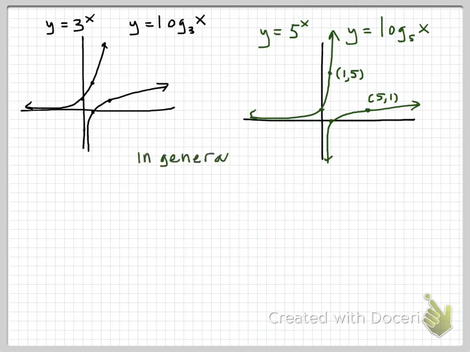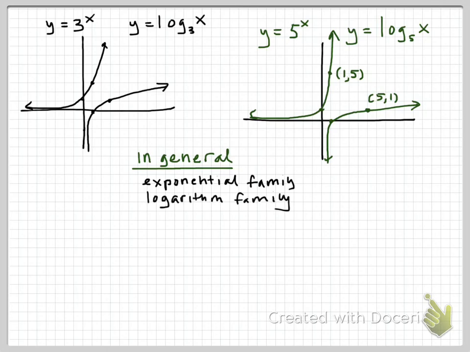Really, really handy. So let's talk in general. Exponential functions are a family of functions. I've got a whole ton of exponential functions, and logarithmic functions are also a family of functions. You can see how they're related by looking at the base of every log. If you look at y equals b to the x, you're always going to get log base b of x as its inverse function.